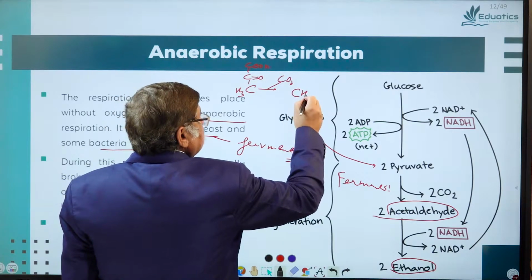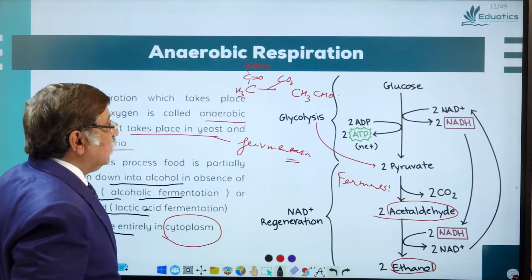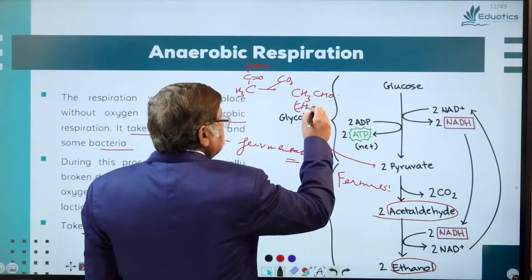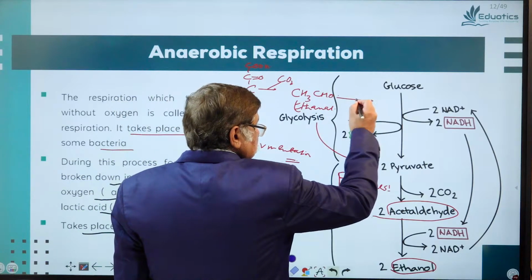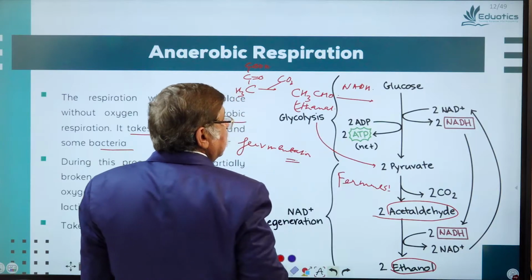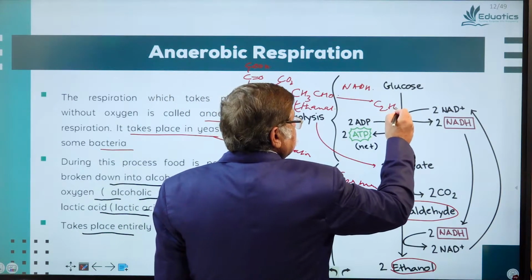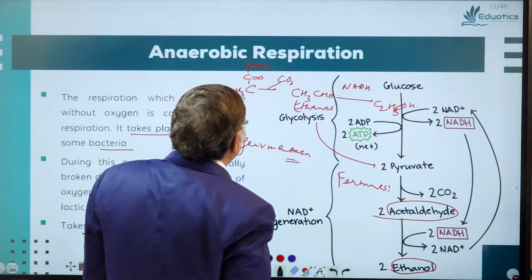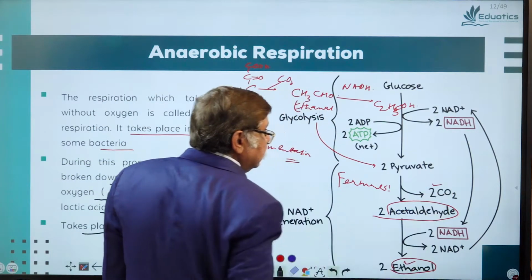An intermediate, acetaldehyde, is formed. Now this takes hydrogen from NADH and is converted into ethanol, that is, ethyl alcohol. So the end products of fermentation are ethanol and carbon dioxide.